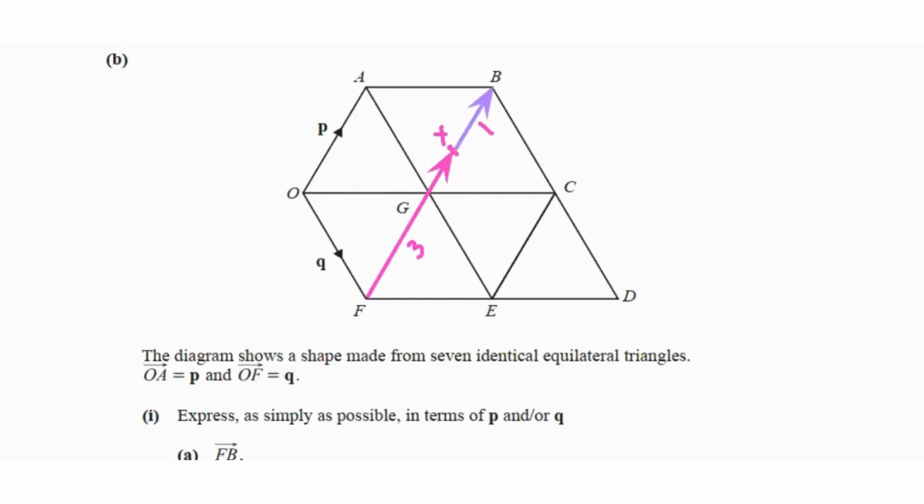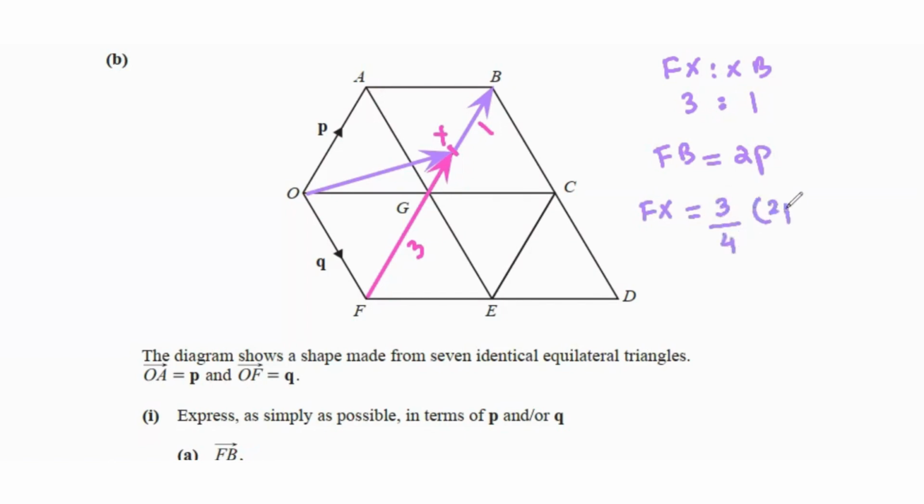We have to find OX basically. We know that FX to XB is 3:1, but we also know that FB was given as 2P. So if you're trying to find the value of FX, FX is going to be 3/4 of 2P.